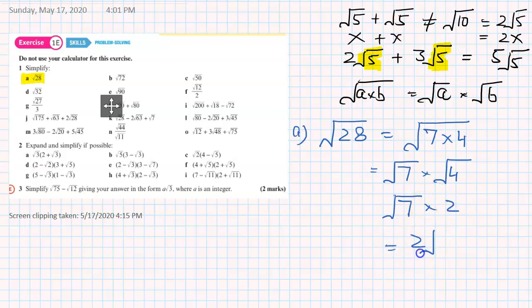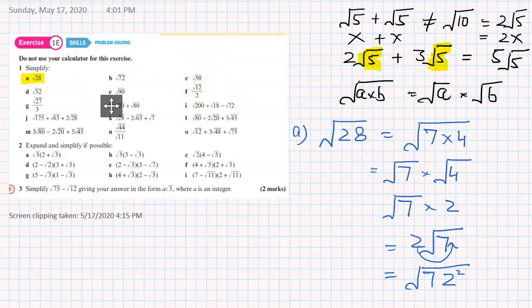So this is 2 root 7. This is your answer, but if you have to do the opposite, this 2 will go inside. So this will become 7 and 2, we have to square it if we go inside. So this is 4, 7 times 4 is 28. This is the answer.